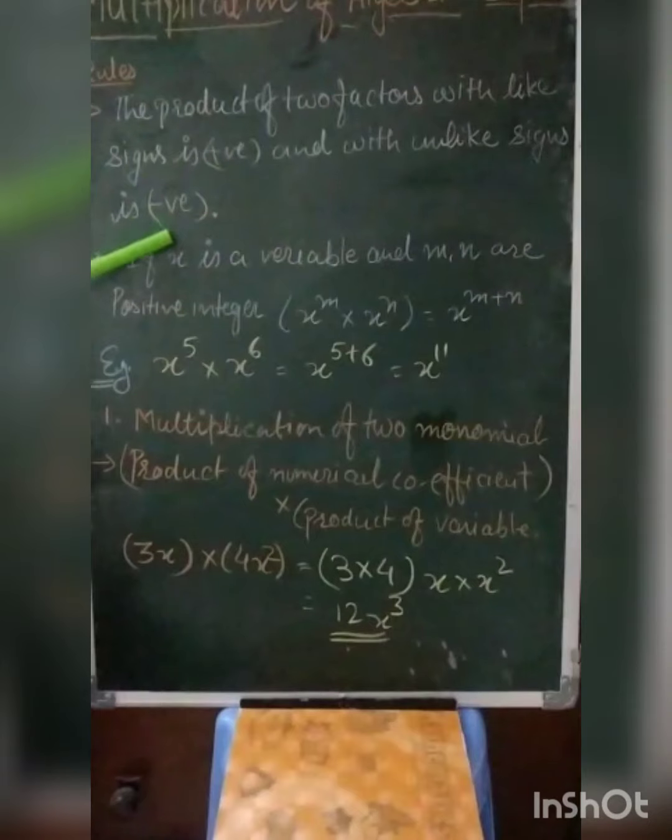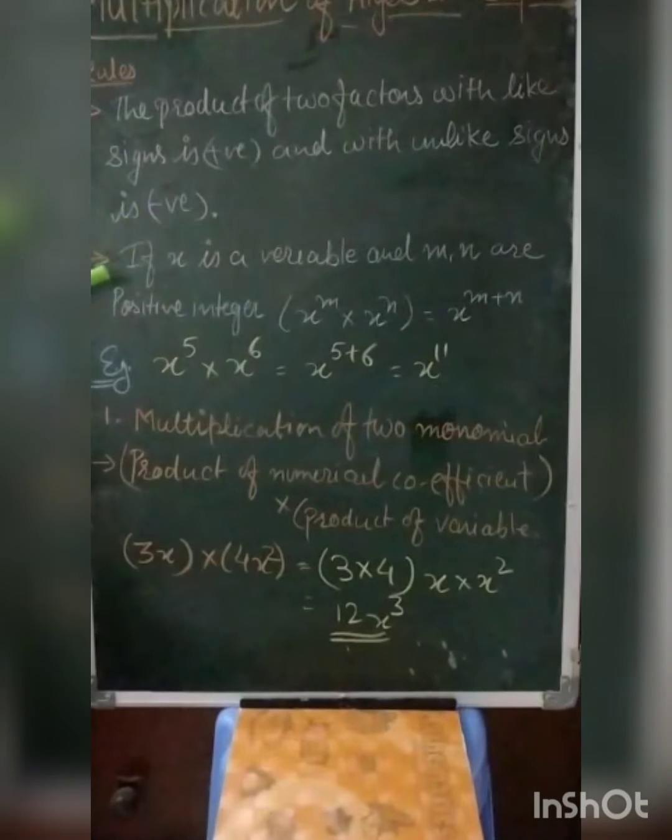So if two factors which are alike are given, both positive or both negative, then it will be a positive answer. If one positive and another negative is given, then it will be a negative answer.